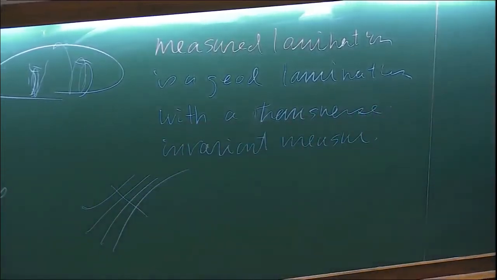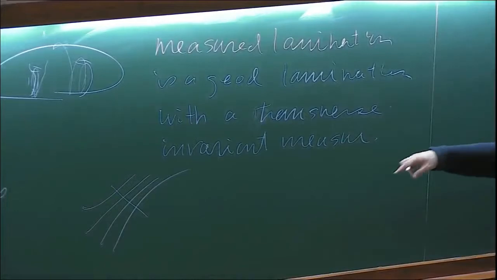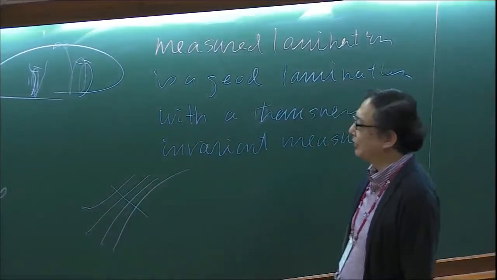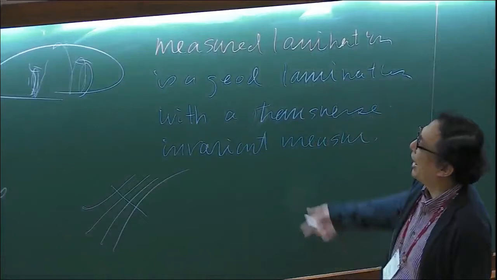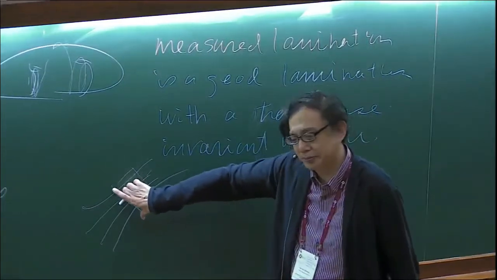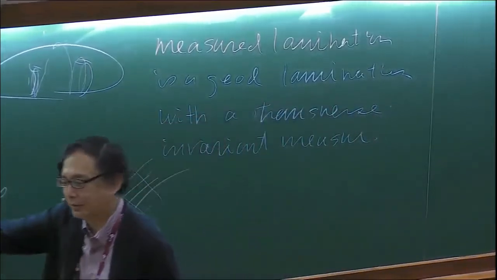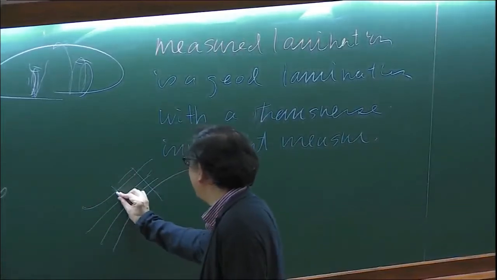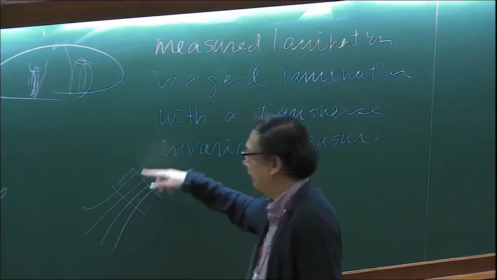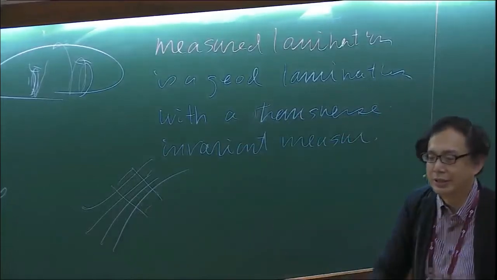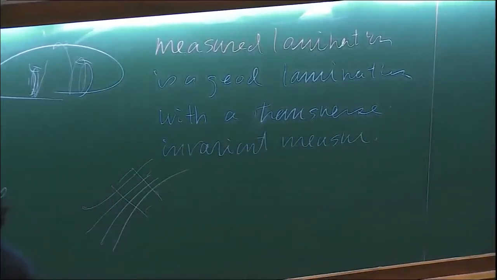So you get a non-negative number for each arc transverse to the leaves, and the value of that arc is invariant even if you homotope that arc along leaves. If you move it parallel to the leaves, then the number you get is the same. That's what we call the transverse invariant measure.